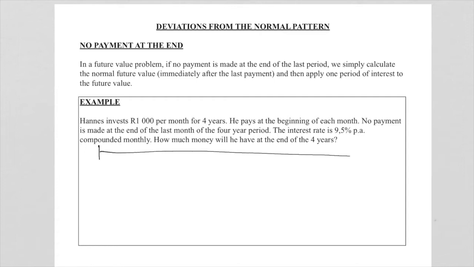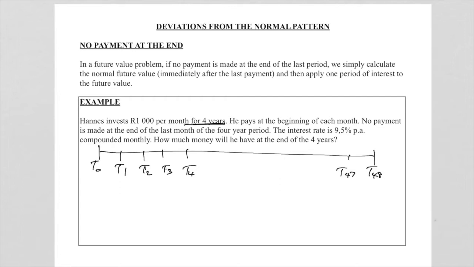So if I draw a timeline for this one, this is T0, T1, T2, and we continue, that is far enough. And then we have T47, T48. Everyone happy that that will be T48. Please remember, it's 4 years and it is calculated monthly.